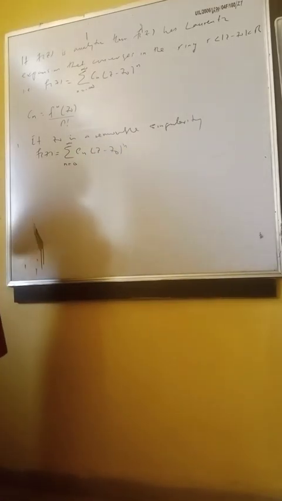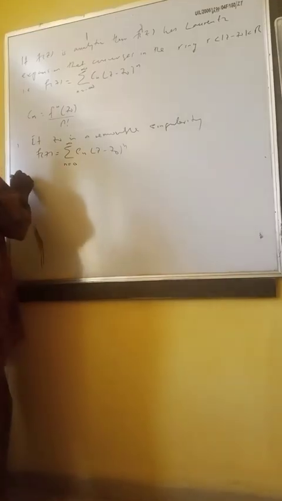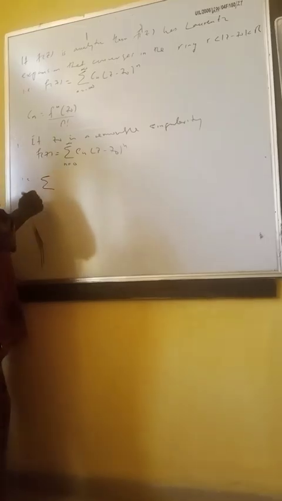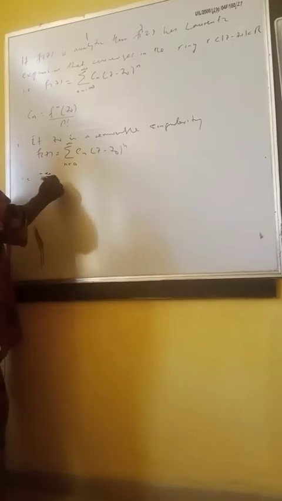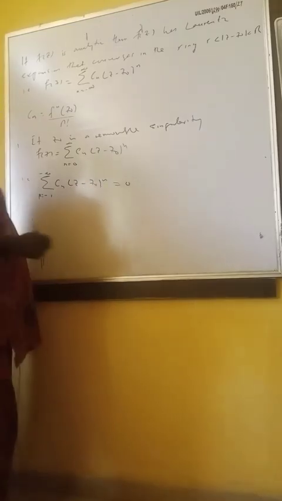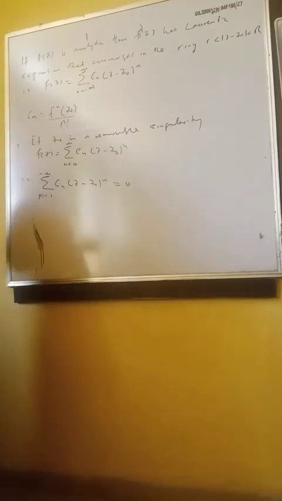That is, in this case, the principal part, the summation n from -1 to minus infinity of Cn (z minus z naught) raised to power n, is equal to 0. This is the principal part of the Laurent series.